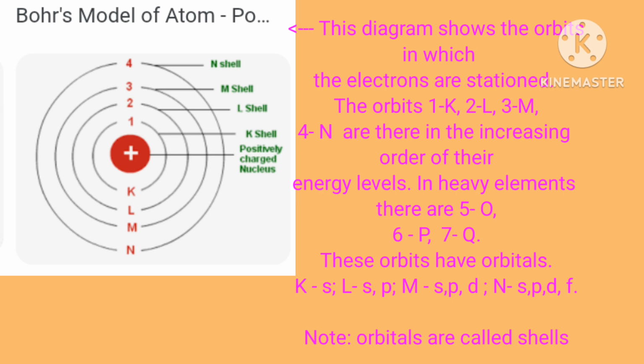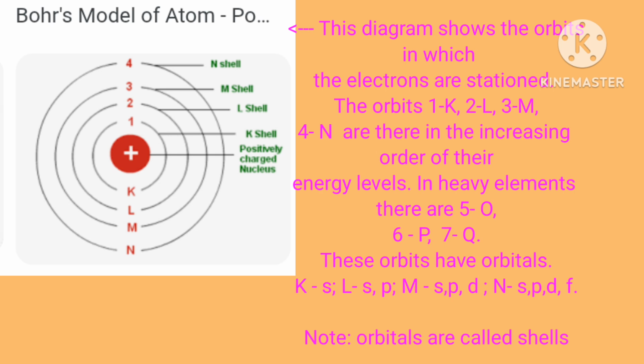The orbits are 1 that is K, 2 that is L, 3 that is M, 4th orbit that is N, are there in the increasing order of their energy levels. In heavy elements, there may be more orbits like 5th orbit called O, 6th one called P, 7th one called Q. These orbits have orbitals.